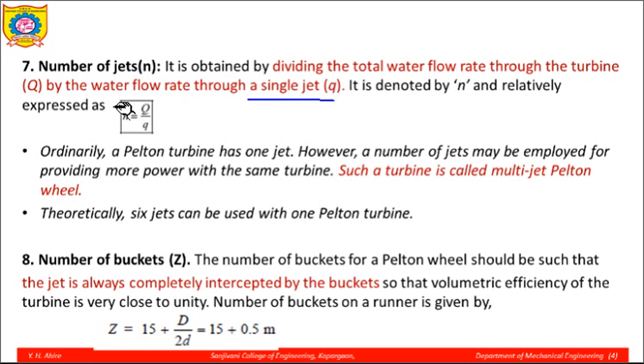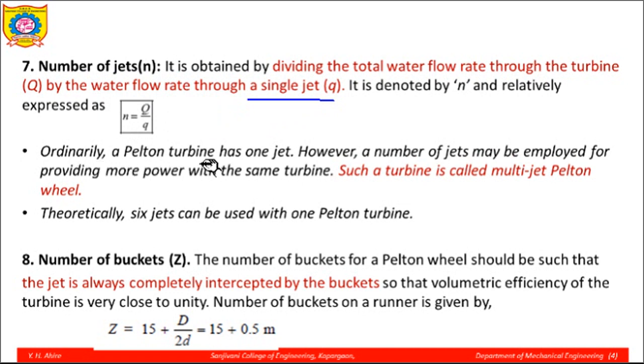So the number of jets required for a particular Pelton turbine is the ratio of capital Q, the total water flow rate, divided by the flow rate per jet, small q.